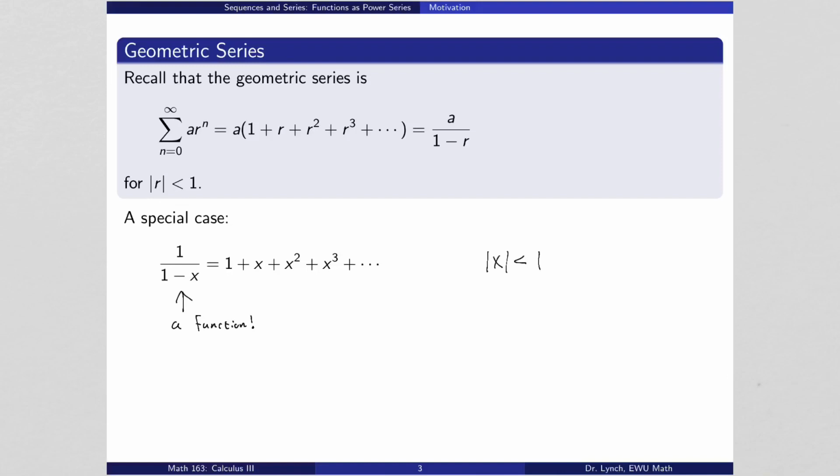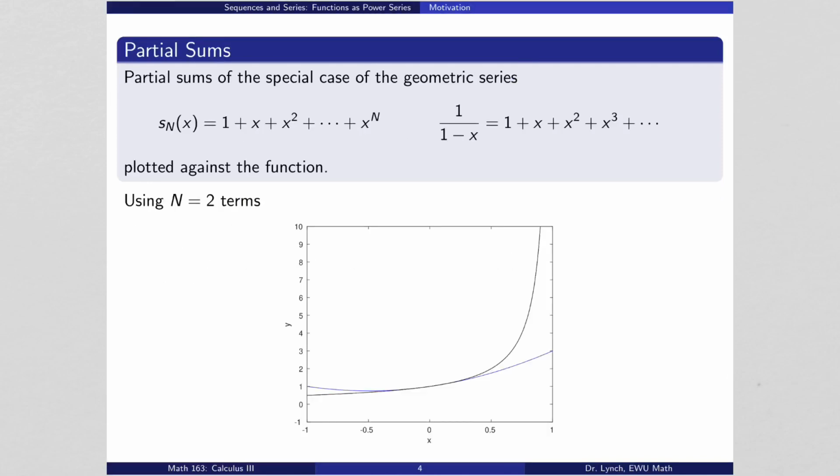So in the parlance of our convergence discussion from last time, we would say that this converges on a radius R equal to 1. And just to convince you that our power series is a good representation of the function, I'll go ahead and plot some partial sums of our power series. That is, go out to the power capital N and plot the function 1 over 1 minus x using various capital N terms.